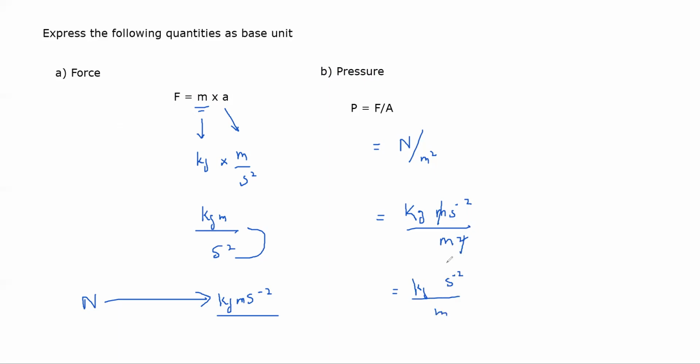But I told you we represent everything in the numerator. So if I have meter raised to power 1, I move it up to the numerator. So it will become kilogram meter minus 1 second minus 2. Is it clear? Representing this as a base unit.